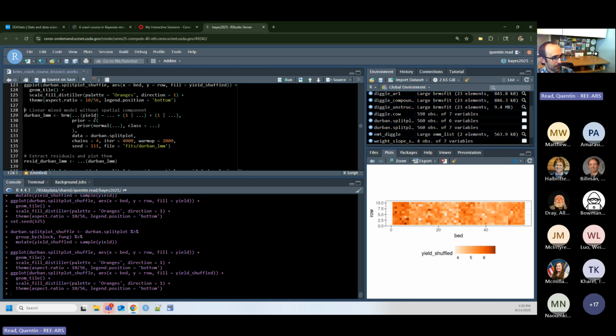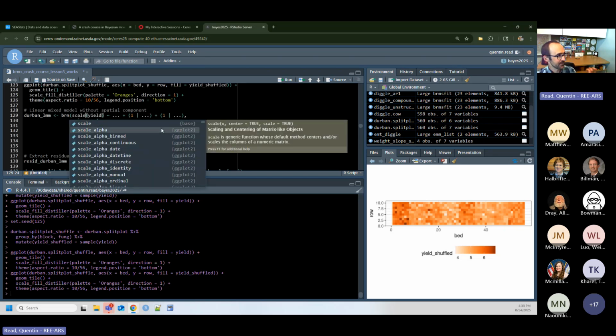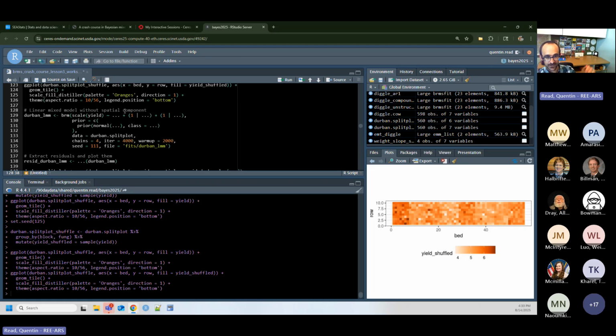For our response variable, I'm going to do a scale transformation, a standardization of the yield variable within the model. I'm going to convert yield to standard deviation units just inside of the model, because that will help us decide what prior to put on the data without having to worry about what units yield is in.